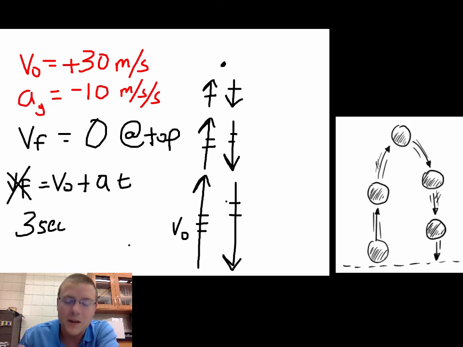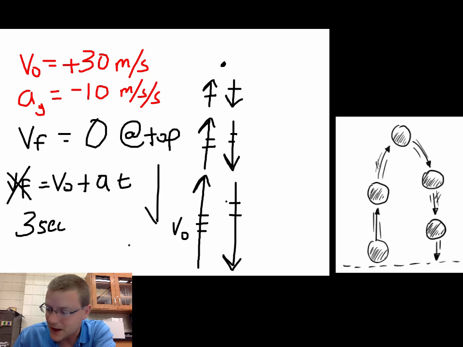Or if you remember the definition of acceleration, if I'm starting at 30 meters per second and the acceleration due to gravity is a downward negative acceleration the entire time, I know that for every second of free fall, as the object's moving upwards, I'm going to lose 10 meters per second.